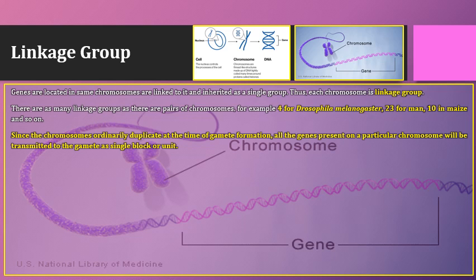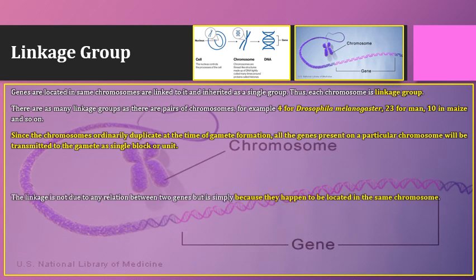Since the chromosomes ordinarily duplicate at the time of gamete formation, all the genes present on a particular chromosome will be transmitted together to the gamete as a single block or unit.